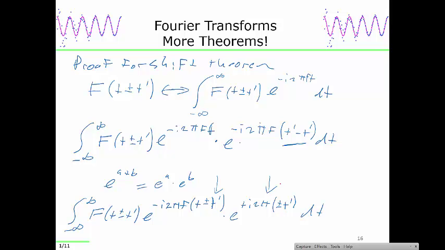Here's the cool part. This is not a function of t. It's only a function of t prime.